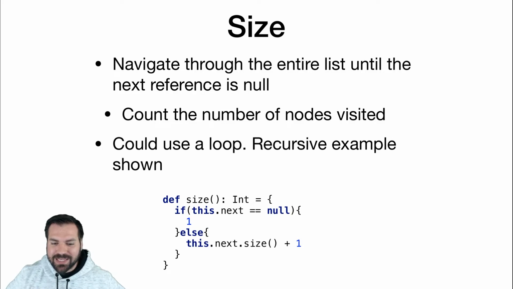It's going to say, my size is 1. The second to last element's going to be like, oh, good, your size is 1. Well, my size must be 2. The third to last element's going to be like, oh, your size is 2. Well, my size must be 3. The next one's going to be like, oh, your size is 3. Mine must be 4. I must refer to 4 elements. And so on until we get to the head of the list, which is going to return whatever the actual size of that list is.